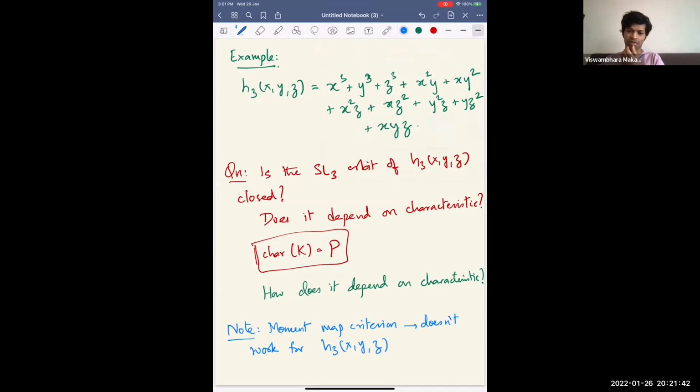It's a very simple thing. It might take you like 15 minutes to write down what the moment map is, but you write it down and it's not zero. And it's not obvious what your change of basis should be to get the moment map to be zero, if at all it is zero anywhere in the orbit. So even in characteristic zero, it's still a pretty hard question.